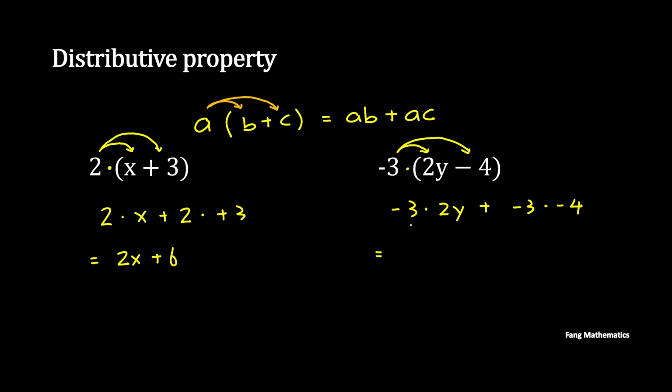So let's do minus 3 times 2y. You are to ignore the y. So we do minus 3 times 2, which gives you minus 6, and attach your y. And minus 3 times minus 4 just gives you 12.